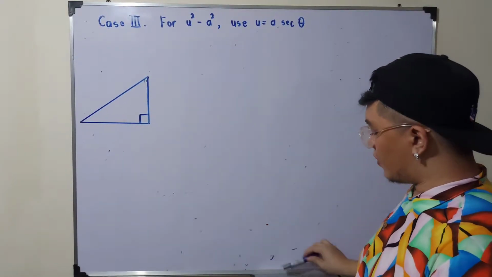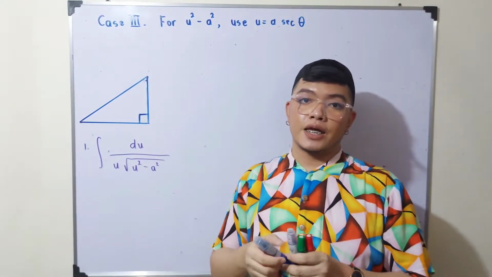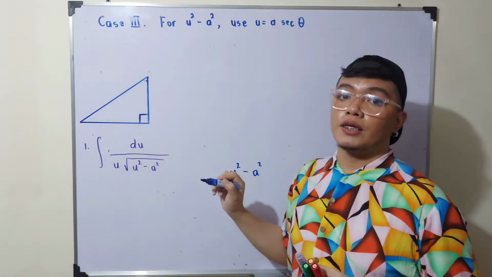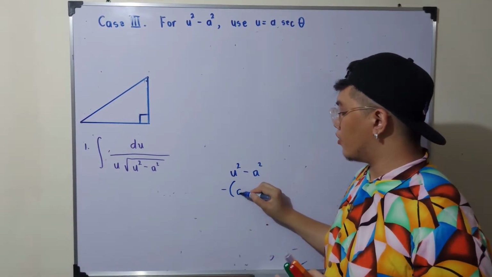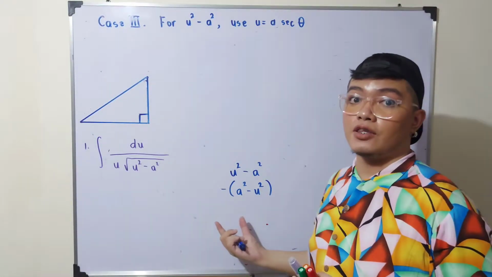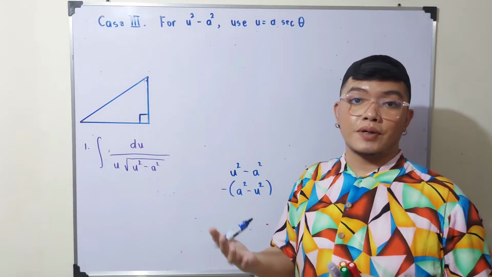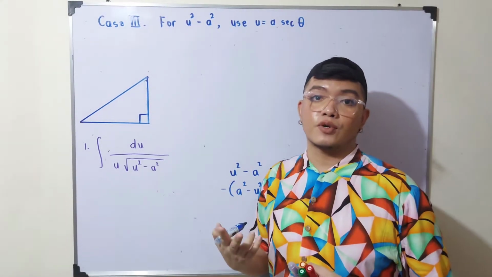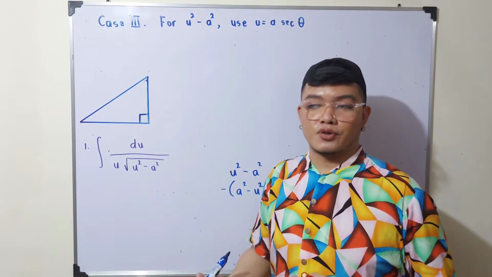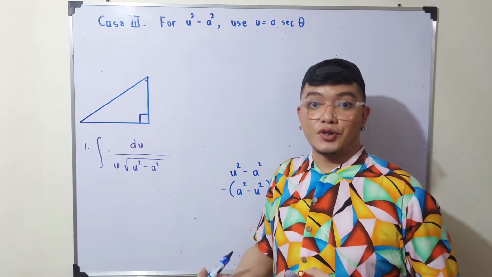Okay, so before we proceed with solving, baka meron kasi nag-iisip sa inyo na yung u squared minus a squared ay pwedeng i-manipulate para maging ganito. So, this will not always work kasi as you can see sa mga previous examples natin sa naunang first two cases, merong involved na square root, fifth root, third root pa, raised to 3 halves, raised to 5 over 2.